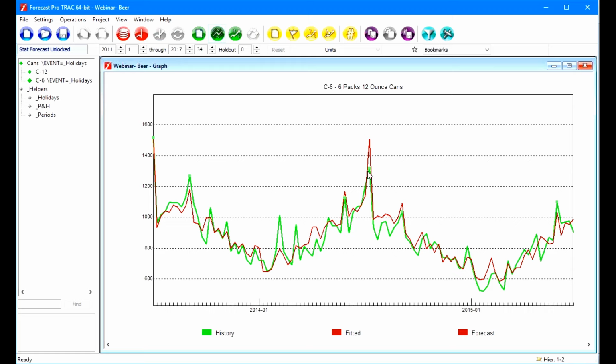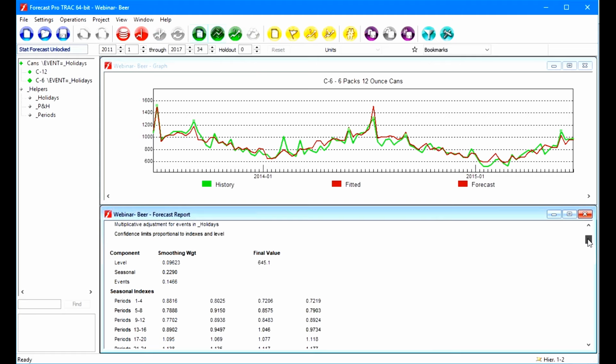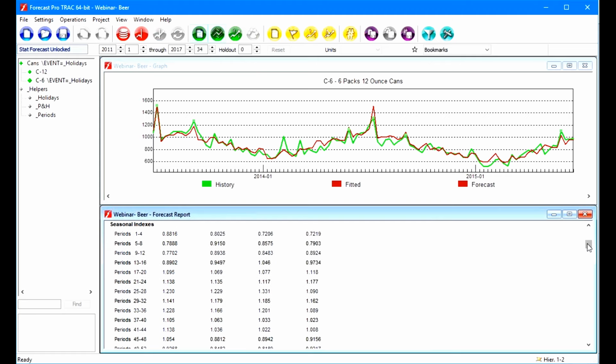So one of the other things that we frequently see with these seasonal models is, if I go to the forecast period here, if I go down, I had mentioned before the issues with having a lot of seasonal indexes in these models.